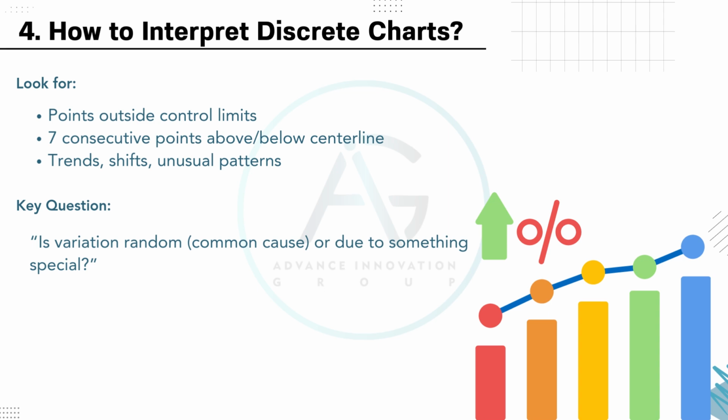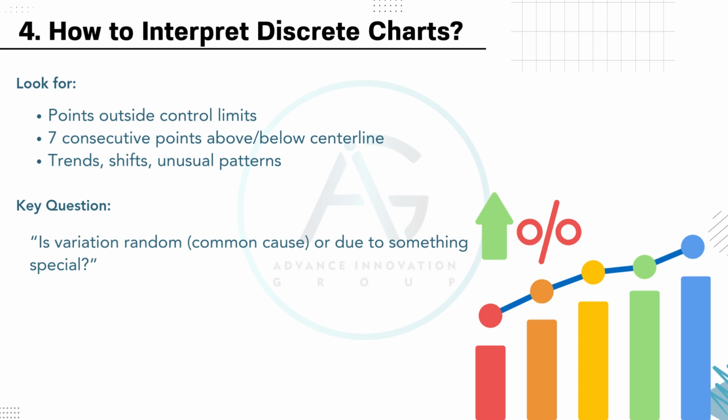Now that we've learned how to choose the right discrete control chart, let's talk about how to interpret them effectively. When reviewing a control chart, these are the key signals to look for. Points outside control limits. This usually indicates a special cause variation, something out of the ordinary that needs investigation. 7 consecutive points all above or all below the center line.